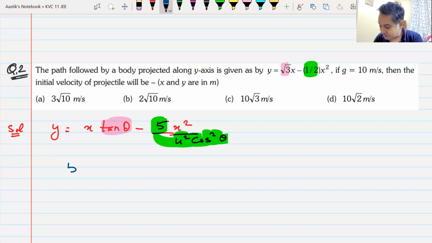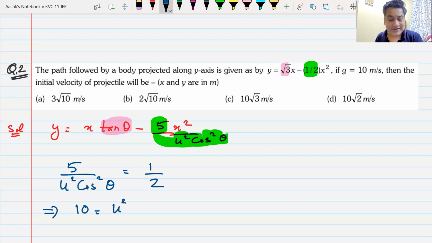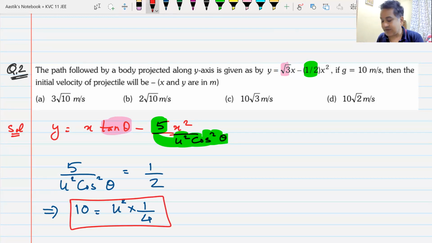That means 5 divided by u square cos square theta is my half. That implies 10 will be equal to u square cos square 60, and cos square 60 is 1 by 4. If you get to that stage, you can calculate the value of u, and the value of u that you're going to get is going to come as 2 root 10.